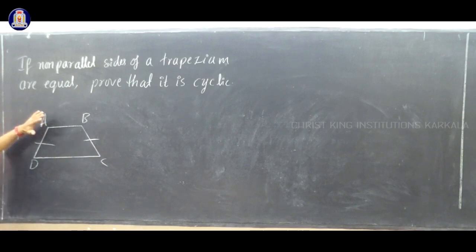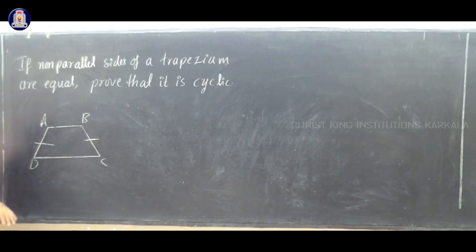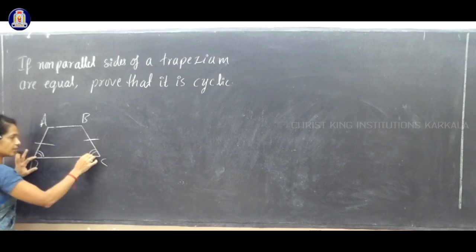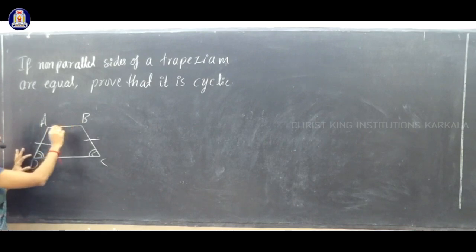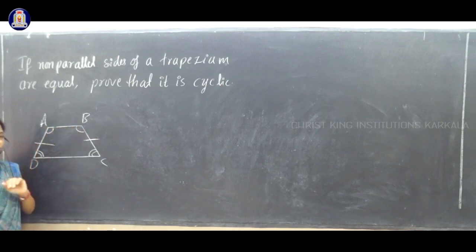We already learned in 8th class that if the non-parallel sides are equal, the trapezium is called an isosceles trapezium, and we studied some properties of it. According to that, the base angles are equal: angle D is equal to angle C, and if you invert this figure, angle A and angle B are also equal.